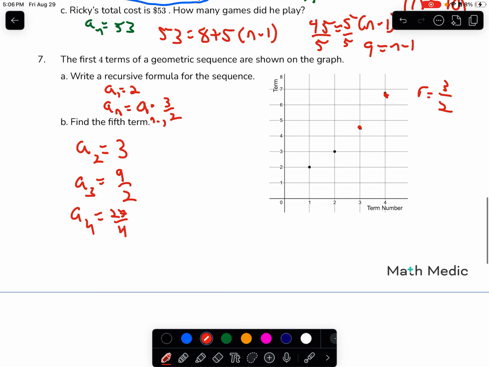And then a sub 5 would be 27 fourths times 3 halves, which would be 81 eighths. I'm sorry, it's not 81 fourths, it's 81 eighths, because 81 eighths is 10.125. So that's the 5th term.